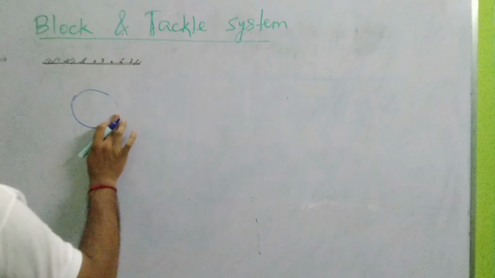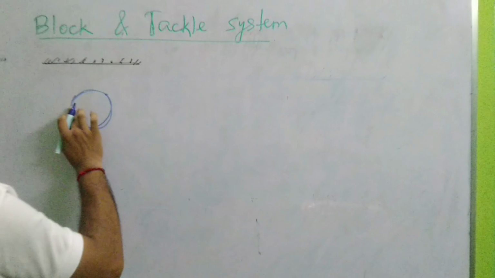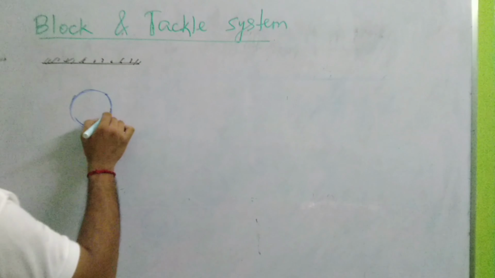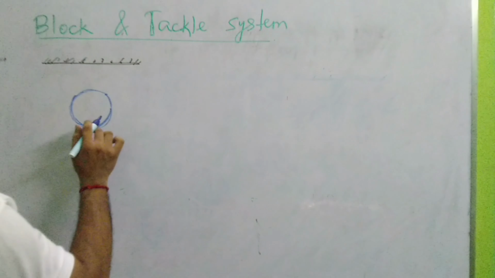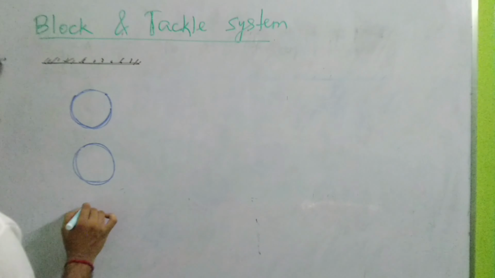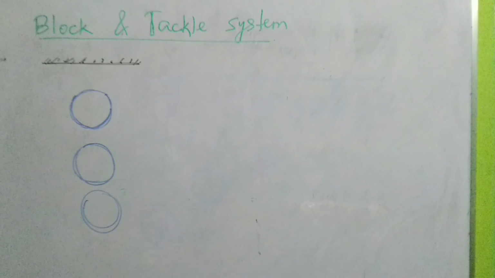Let us draw it a bit small so that it will be easy to accommodate on the board. Then comes the second pulley. Here comes the third pulley. Are you able to see it?